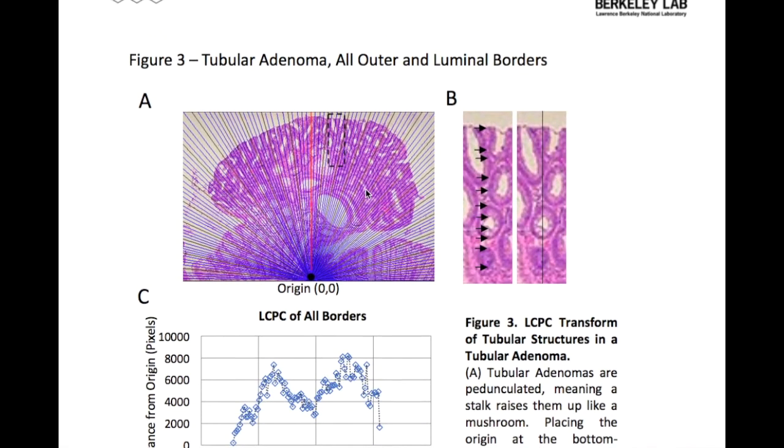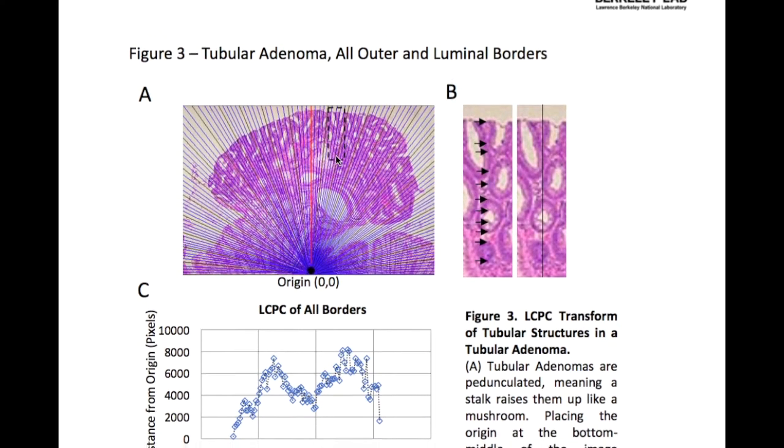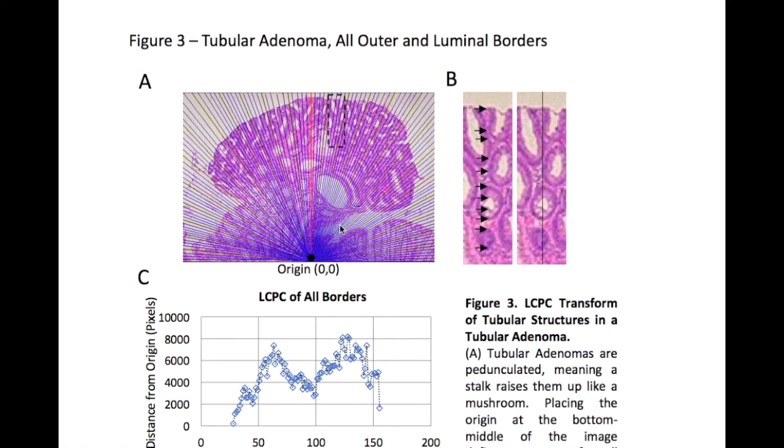In this case, if we wanted to calculate not just the complexity of the outer contour, but the complexity of the tubeness, the tubularity of this polyp, what we can do is, for every radial line, track the points that intersect with the outer or inner edge of these tubes.